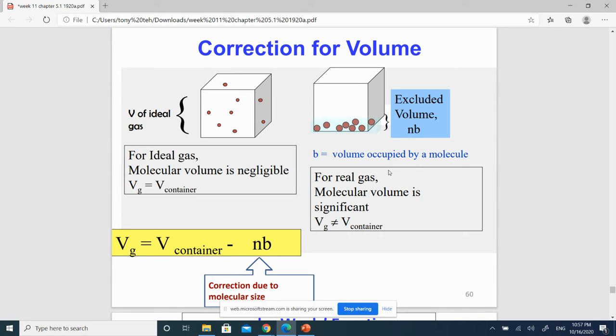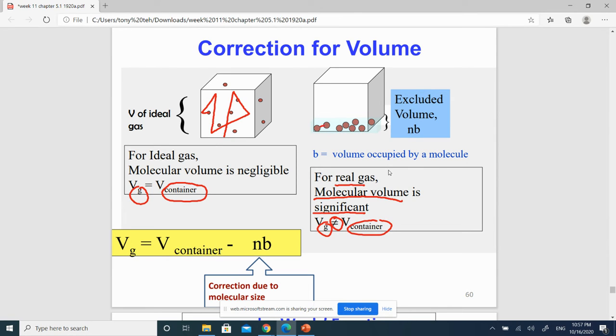Correction for volume. For an ideal gas, the volume of gas equals the volume of the container, because the gas can travel everywhere, as the molecules are not attracted by intermolecular forces. For real gas, however, molecular volume is significant. The volume of gas no longer equals the volume of the container.